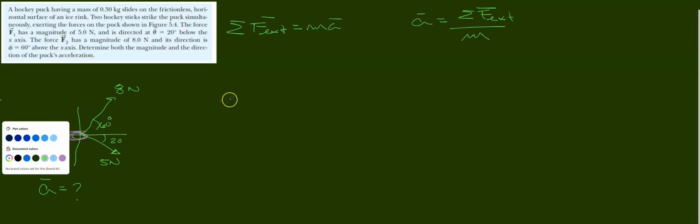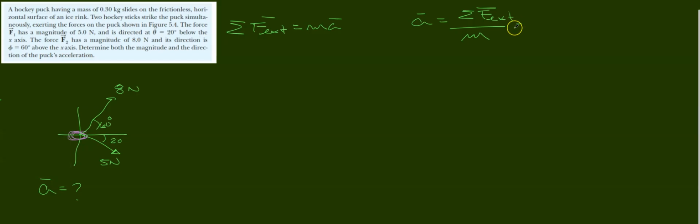We only have one equation so far, so we have to find the net external force, and that is mass times acceleration. So to find the acceleration, we have to divide the net force over the mass. So let's find the net force, which of course we know is force 1 plus force 2, over the mass.